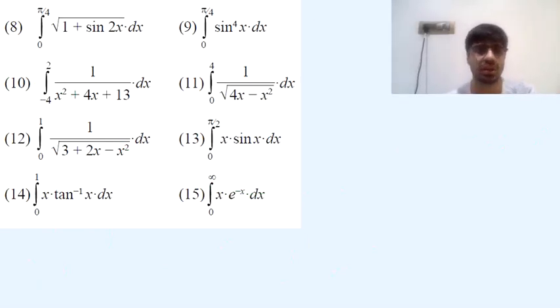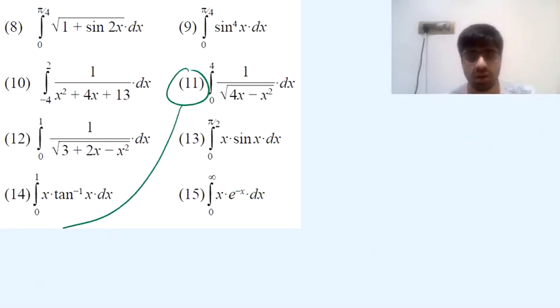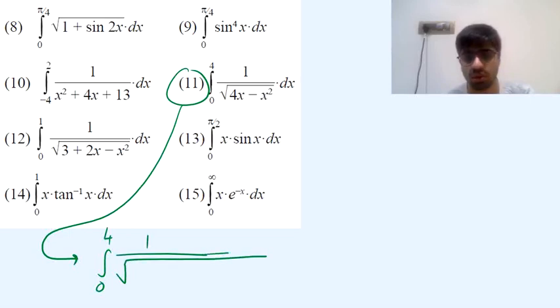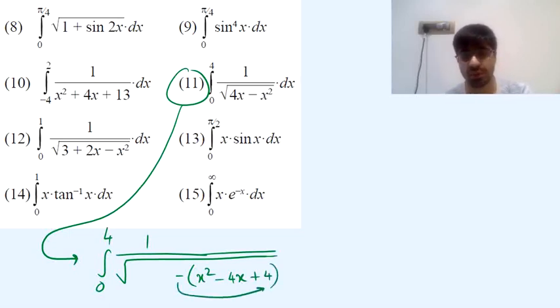We continue with the 11th one, where again all you need to do is complete the whole square inside the root. So this is integration 0 to 4, 1 upon root over. Let's write a minus sign first and then make our bracket. So that will be x square. The 4x term goes inside the bracket, so it will be written inside the bracket as minus 4x. We are adding a 4 here to complete the whole square, but actually we have subtracted a 4.